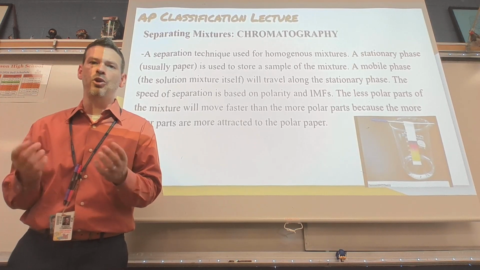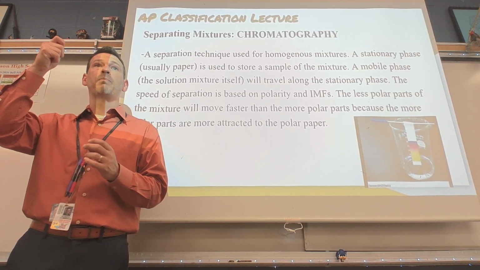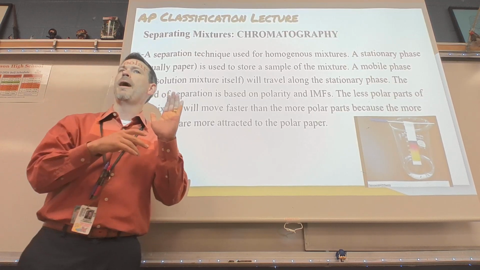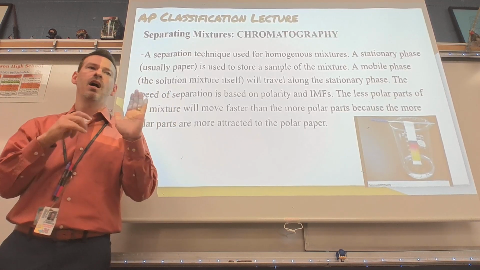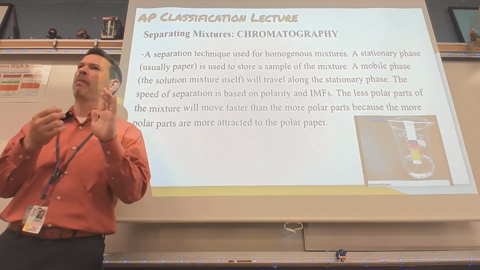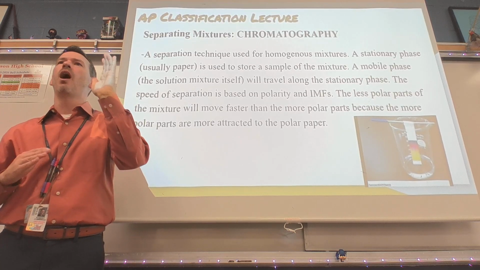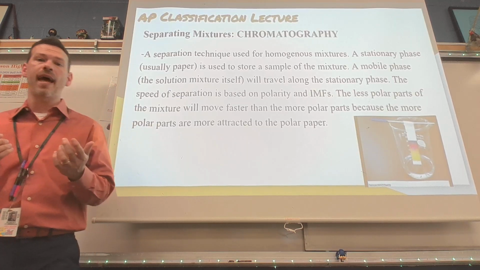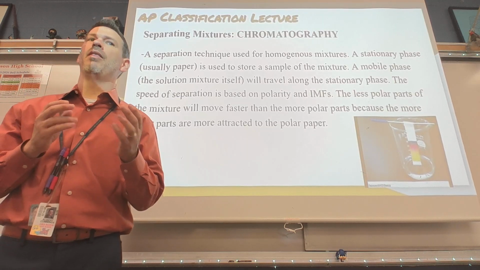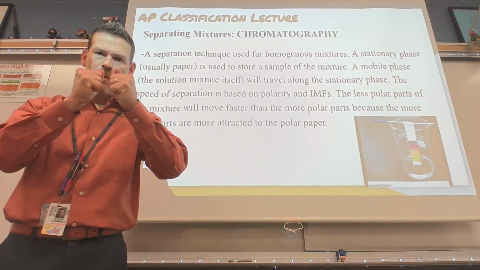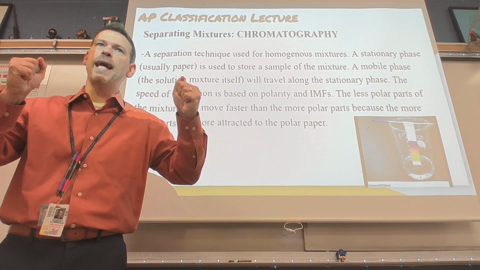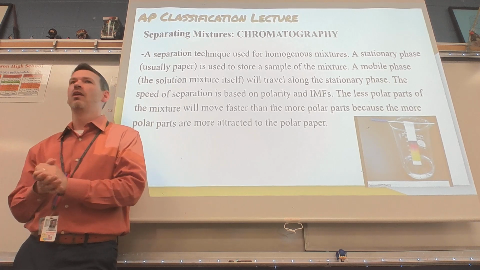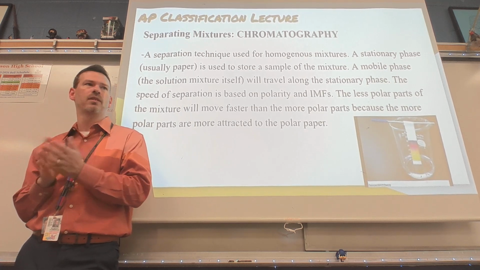But basically what you do is you take a homogeneous mixture and you put it onto a mobile phase, which is usually a special paper, and then you allow water to travel through that paper and pull apart the mixture that you've already added, and you're able to see the mixture components that were usually invisible to the eye before you.